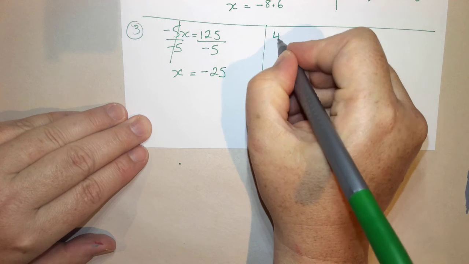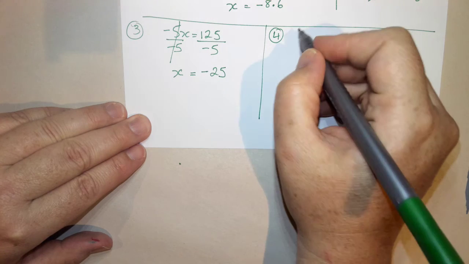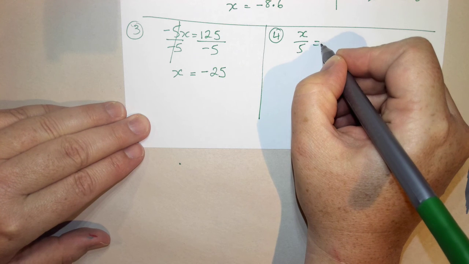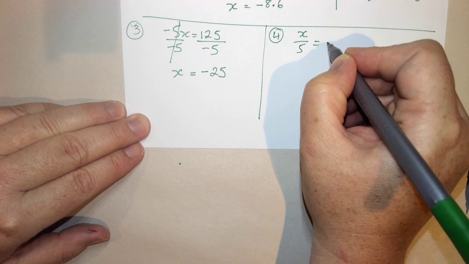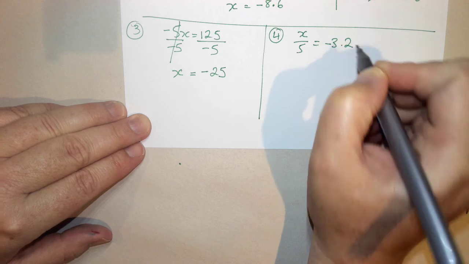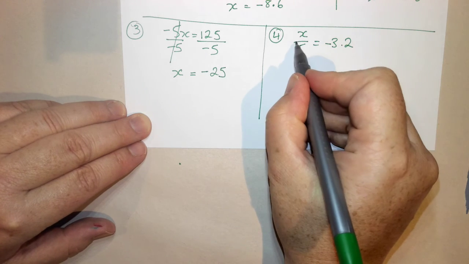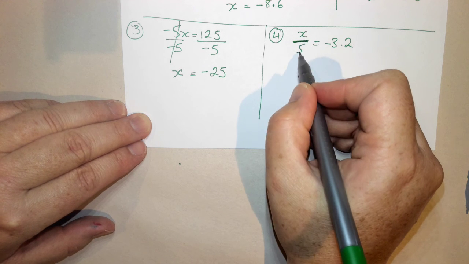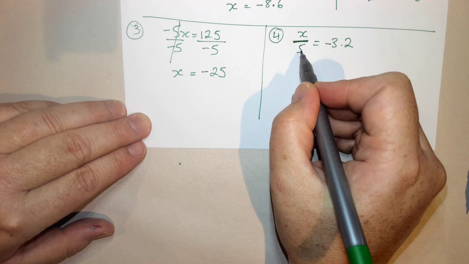Okay, and question 4. We now have x over 5 is equal to negative 3.2. So that line there, remember, means divided. So that's saying x divided by 5.